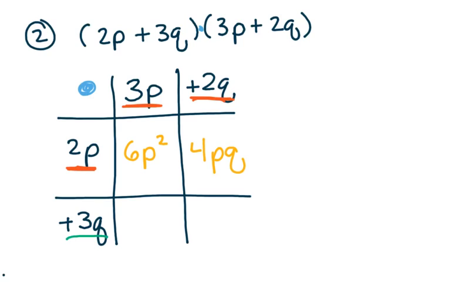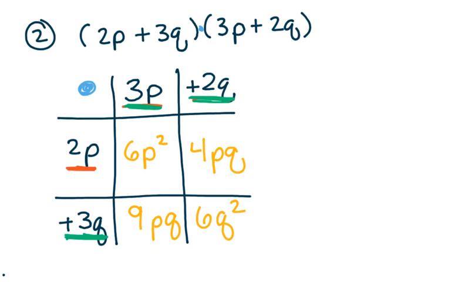If I move on to my 3q, I'll multiply my 3q times 3p. That product will be equal to 9pq. And lastly, I'll multiply my 3q by my 2q. When I multiply, the product will be 6q squared.